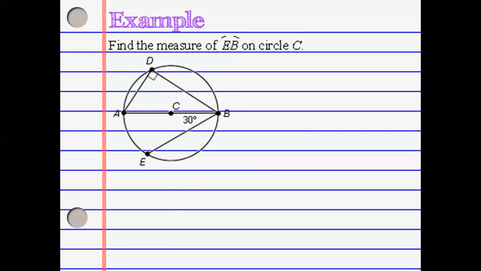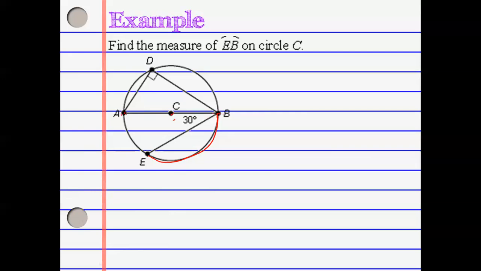Here it says find the measure of arc EB, so this arc right here, on circle C. Okay, so in order to find EB, we have to know a few things right here. First, it tells us that this is circle C. All right, so we know that AB is a diameter because remember the diameter has its endpoints on the circle and it goes through the center of the circle.